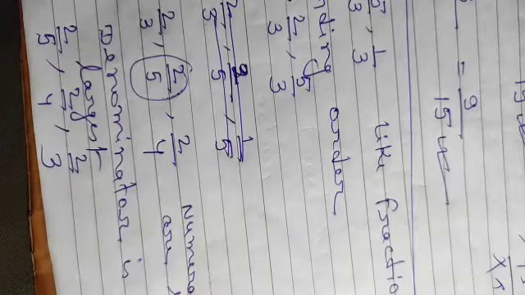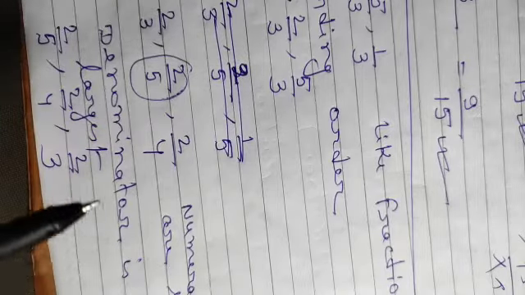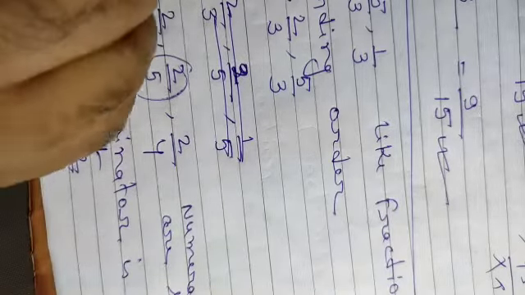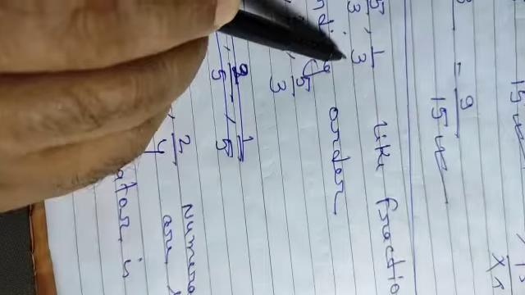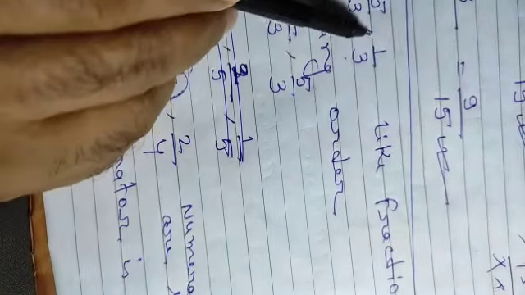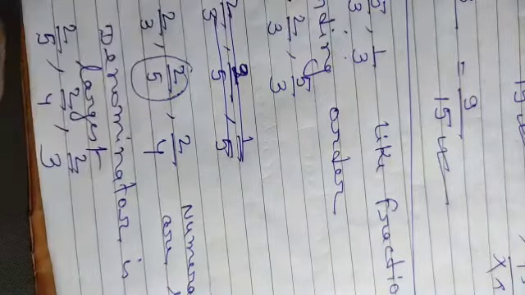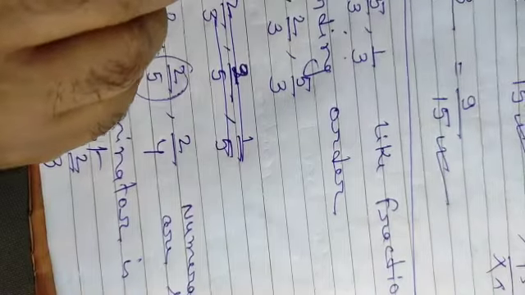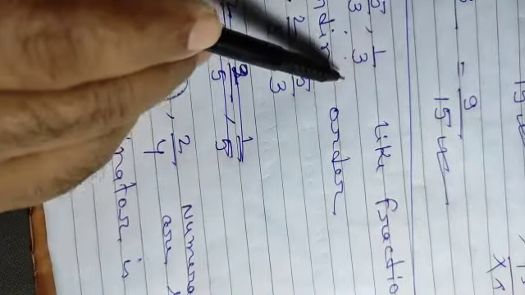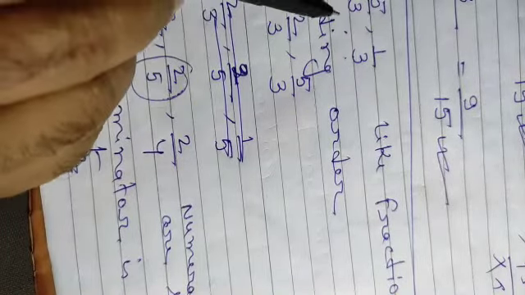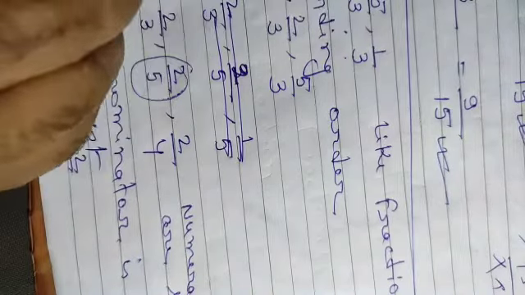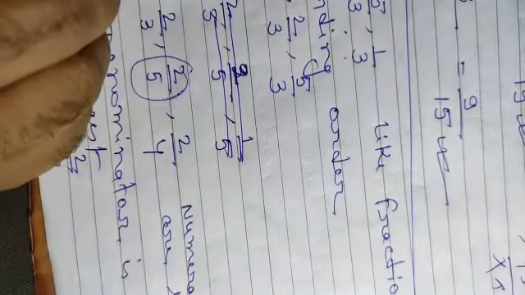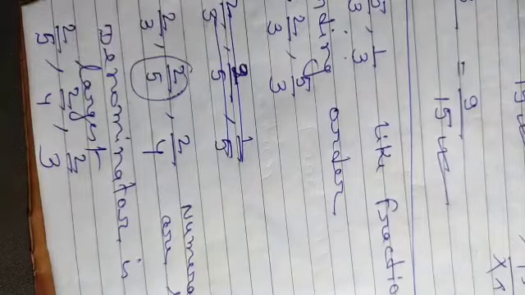Once more, try to understand. If the denominator is same, then the fraction with the smallest numerator will be the smaller one. Here the denominator is 3. So the smallest is 1 by 3, then 2 by 3, then 5 by 3.